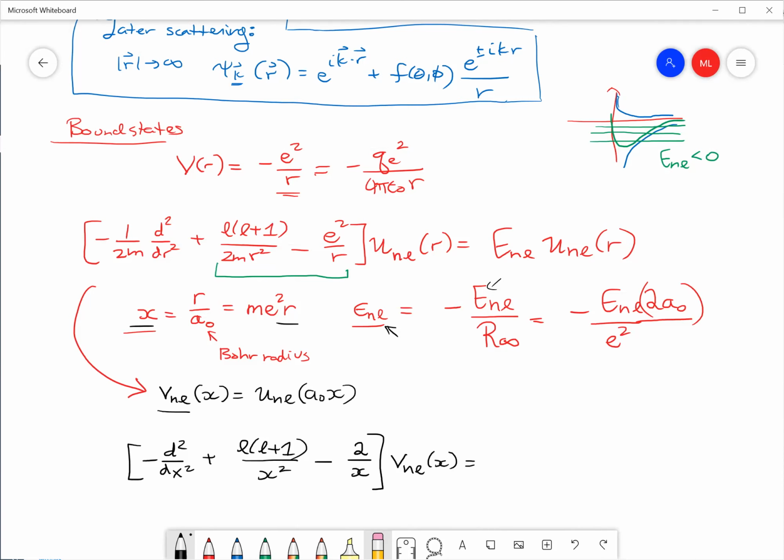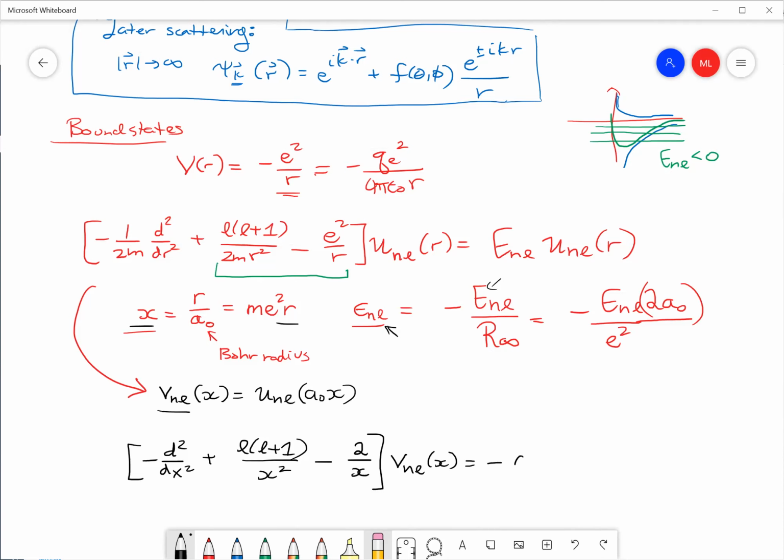Get rid of as many dimensionful things as you can by appropriately rescaling your positions and your energies, and sometimes your time if you have a time variable. Here we just have an energy and a position, so we rescale those two things to get rid of all the units, and we're left with a completely unitless equation, which is just a mathematics problem now that you can solve, and you don't have to worry about the mass and the electron charge and so on.